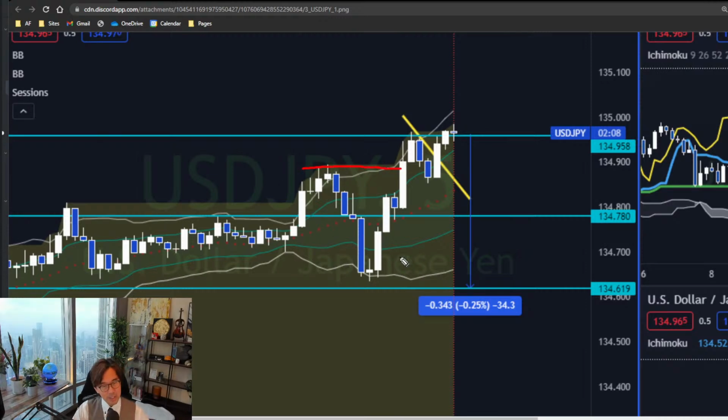This was a bit of a tricky market because this is called a Y wave in Ichimoku. Y wave means higher highs and lower lows. So this is Y wave. And Y wave is considered to be a bit tricky market because the market may have retraced all the way back down, and then you may see the fake breakout and the market goes up, and then you see the fake breakout and the market goes down.